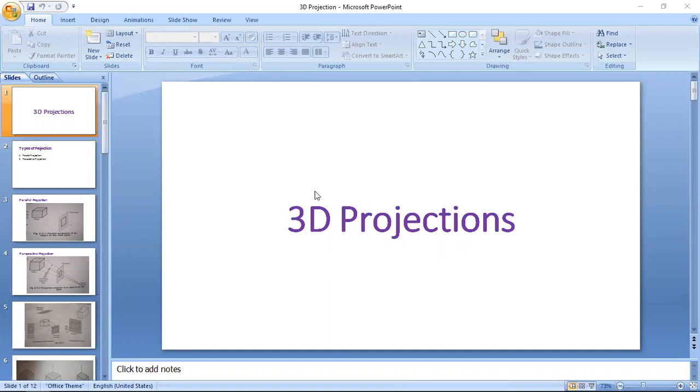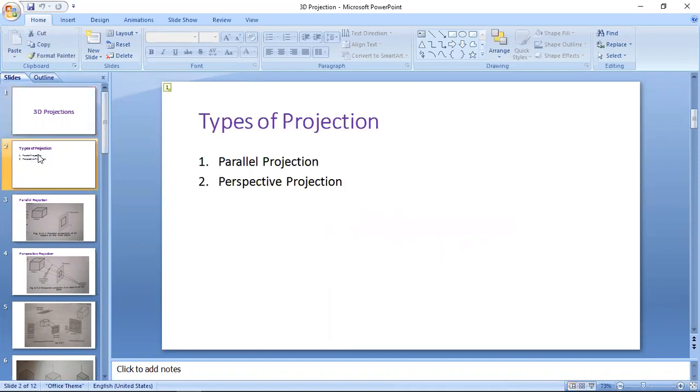So here you can see the two main basic types, parallel projection and perspective projection.